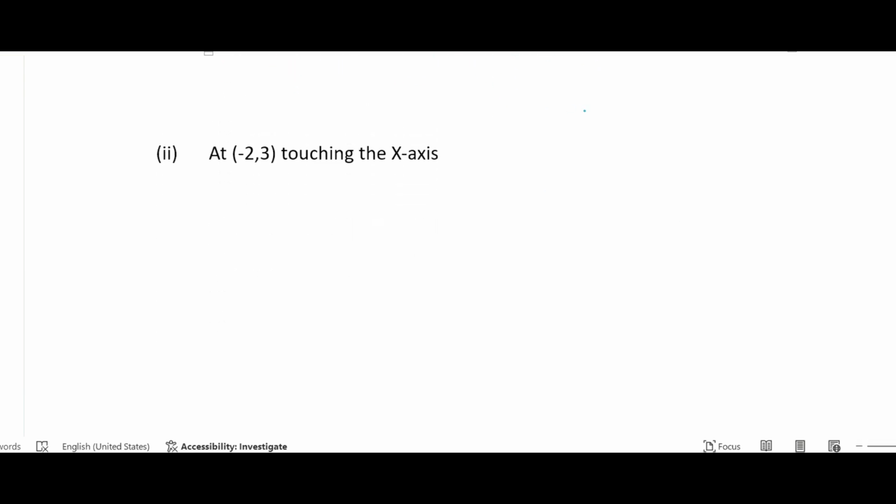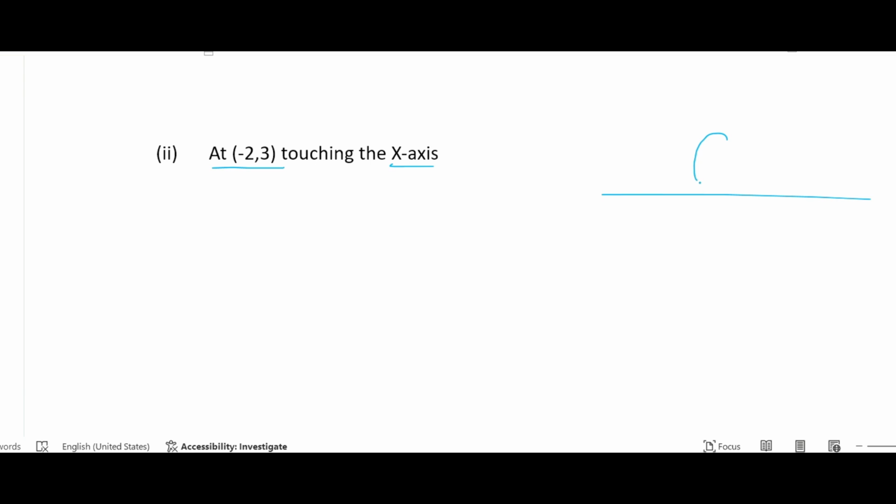The center is at minus 2, 3 and it is touching the x-axis. So this is your x-axis. This is your center. Oh wait, not a very beautiful center. Let's bring it over here.